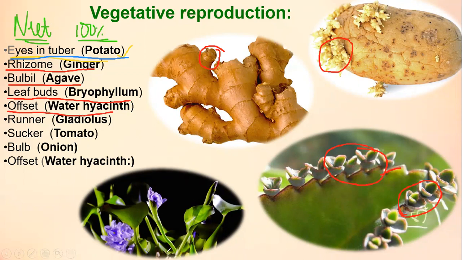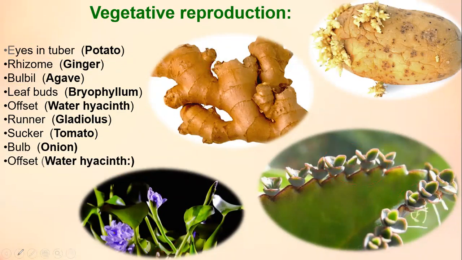The water hyacinth reproduces asexually at an enormous rate through offset formation. Very important is this one. Water hyacinth offset. Then runner in gladiolus, sucker in tomato, bulb in onion, and offset in water hyacinth. Some mistake might have happened in this slide. So these are the images.